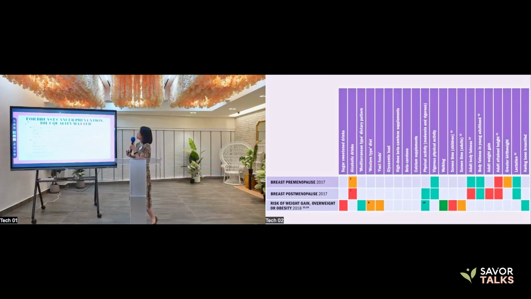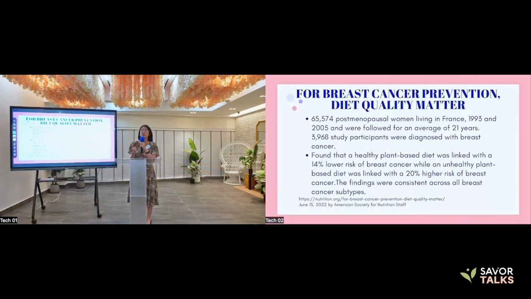This is the latest published, written by the staff of the American Society of Nutrition, in 2022. They did this study and found that if you eat a healthy plant-based diet, meaning whole food plant-based, minimally processed, not all the mock meat or fried food, it's very healthy.